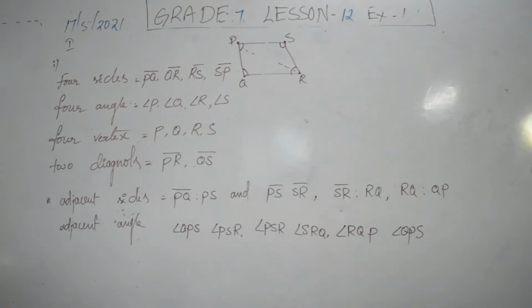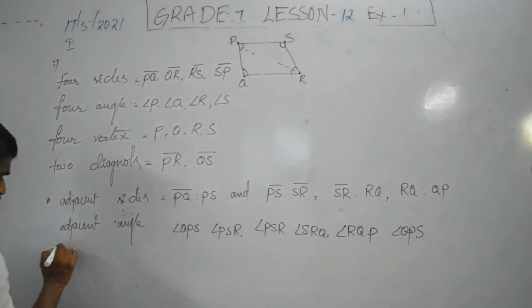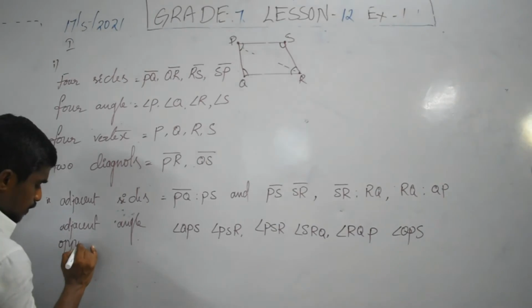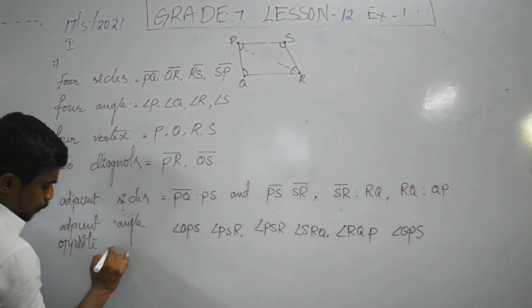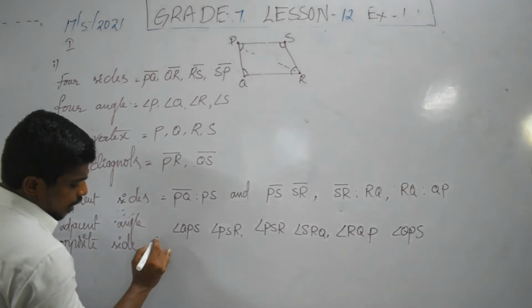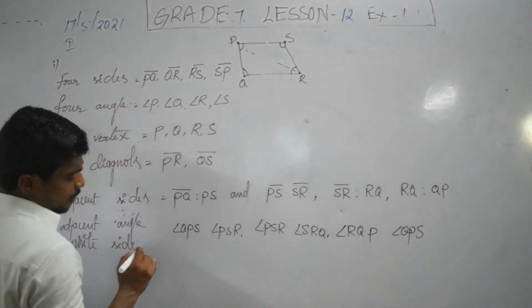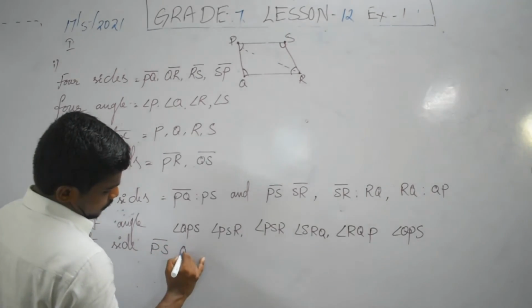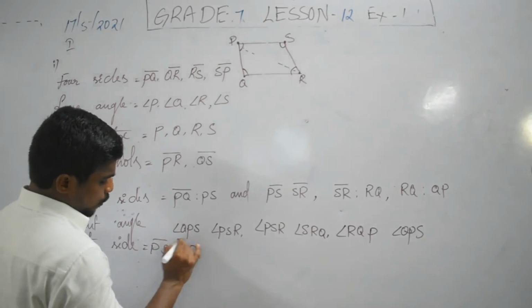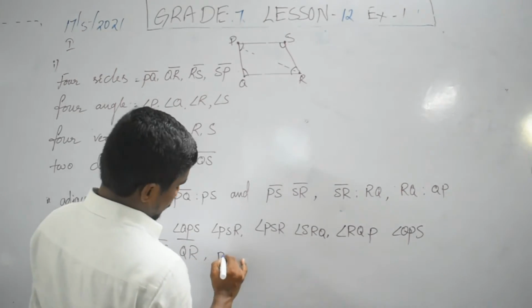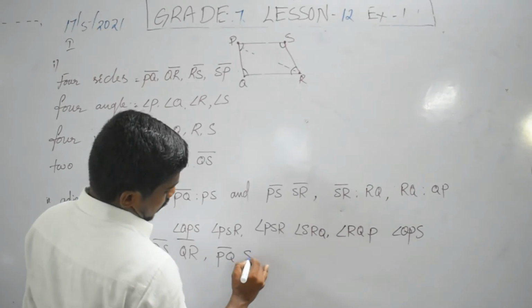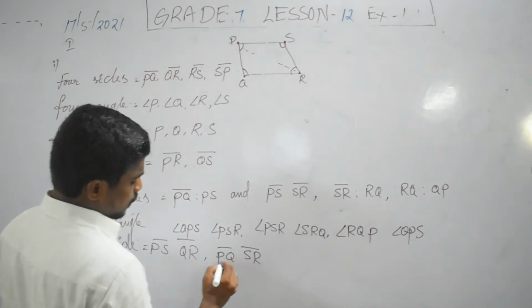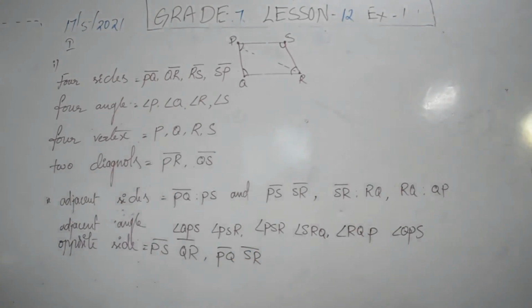Next, opposite sides. What are opposite sides? PS and QR, these are opposite sides. And PQ and SR, these are opposite sides. And opposite angles.